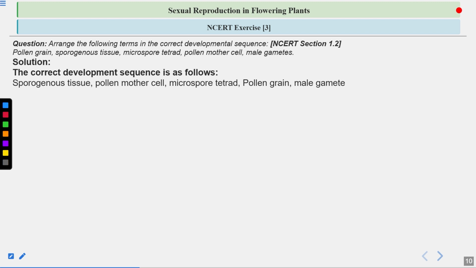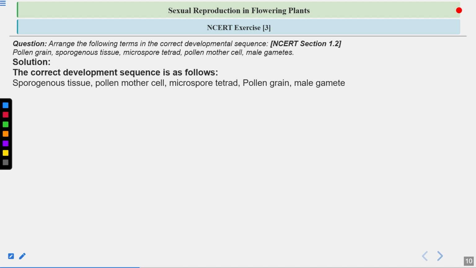Sporogenous tissue, and one of the cells of the sporogenous tissue gets transformed into the pollen mother cell, that is PMC, pollen mother cell, right? And then this pollen mother cell PMC undergoes reduction division or meiosis, and what is formed?